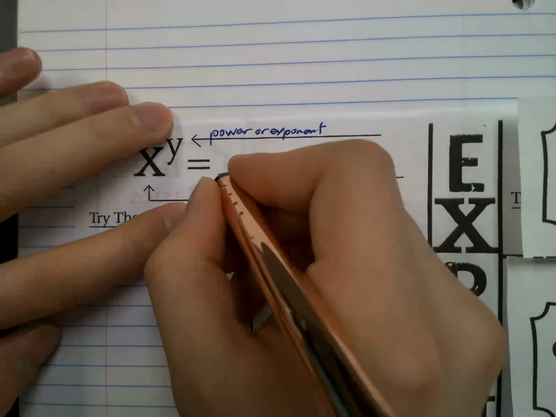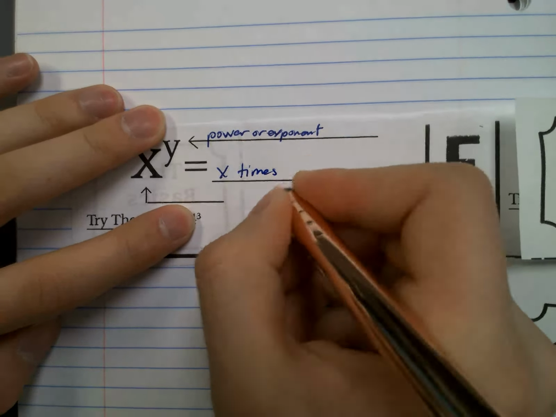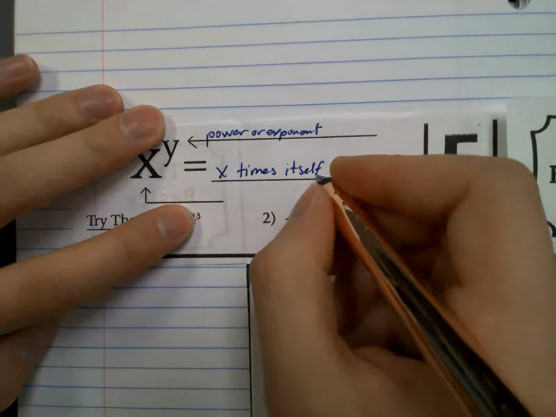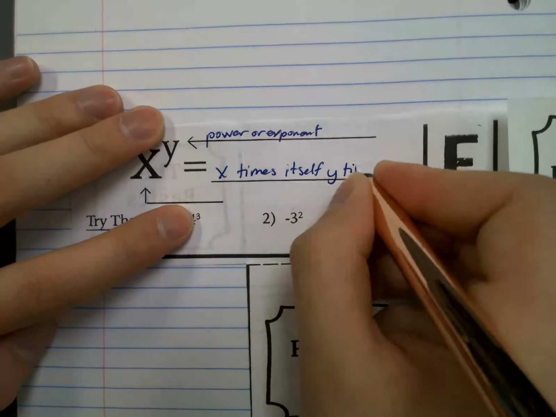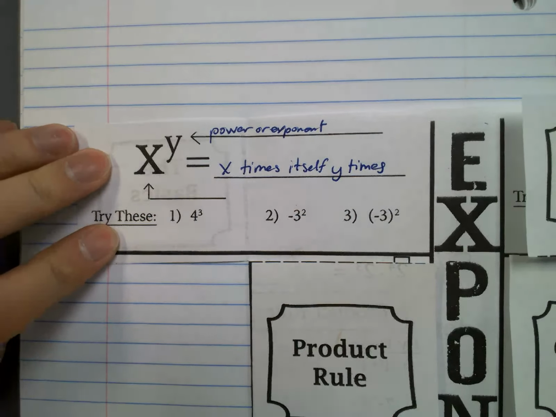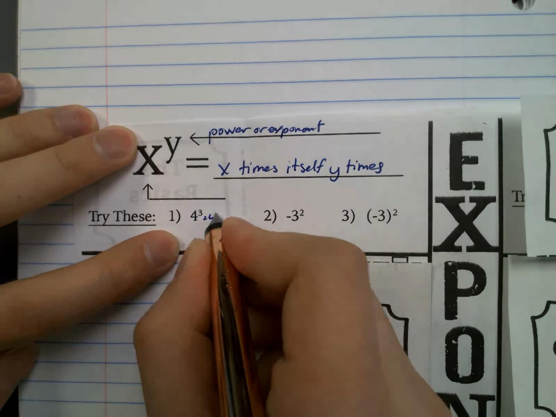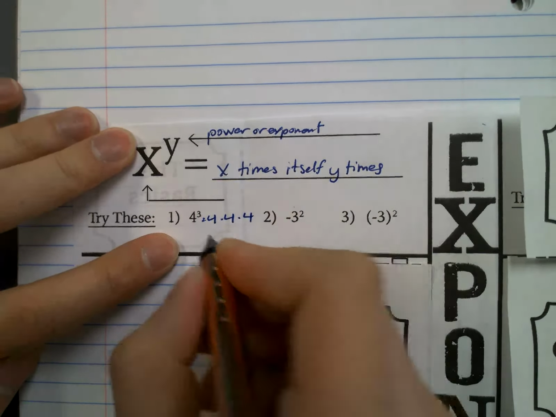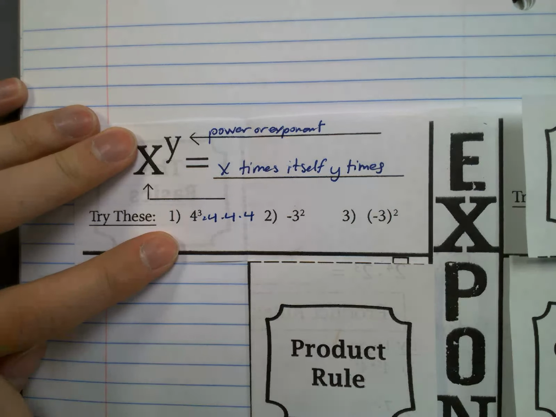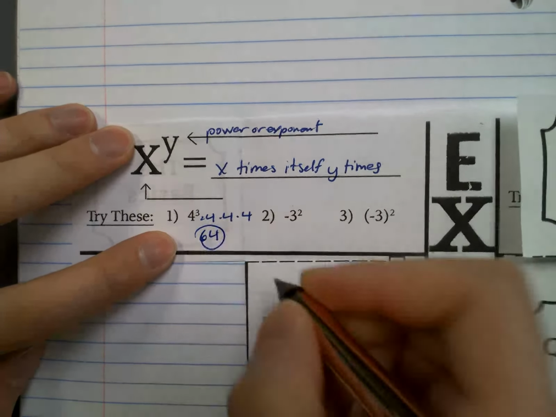And x is the base, x times itself, y times. So again, hopefully you guys remember, all that's basically saying is that 4 to the 3rd is basically just 4 times 4 times 4. 4 to the cube power, basically 4 of it, okay? And that would be 64, okay?